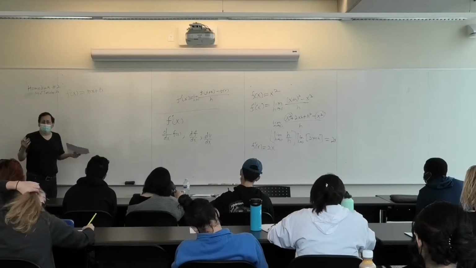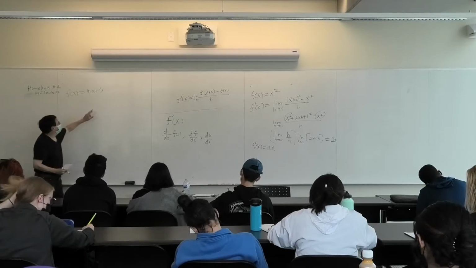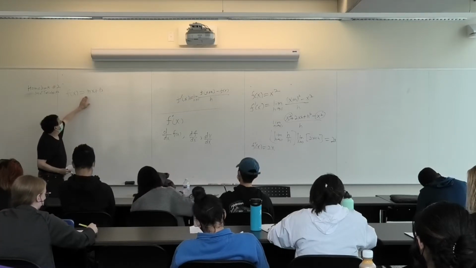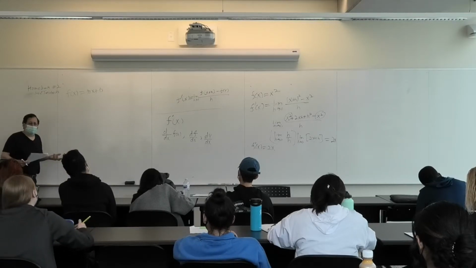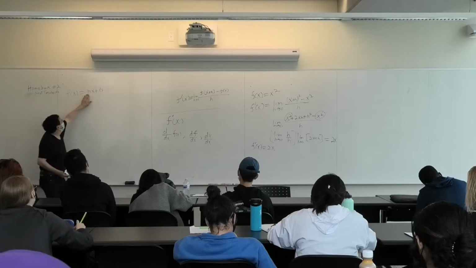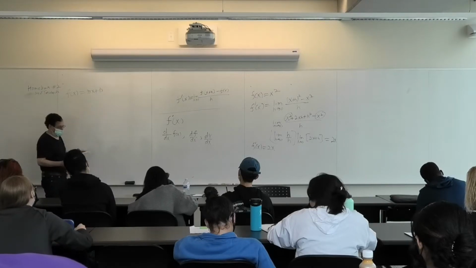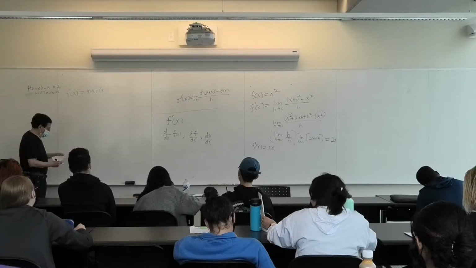That's just the line, with y-intercept b and slope m. Well, we can think ahead. Obviously, the derivative should be a constant function m. The line has the same slope everywhere, but let's give it a shot. Let's see what happens.